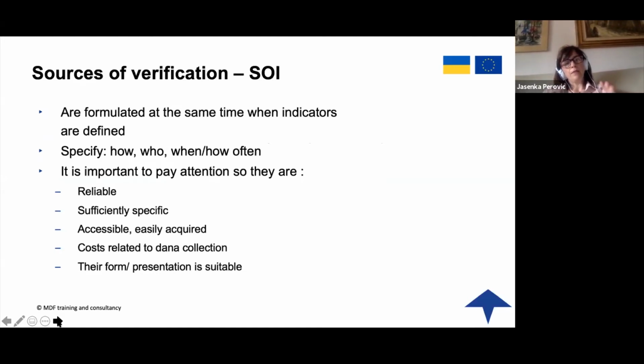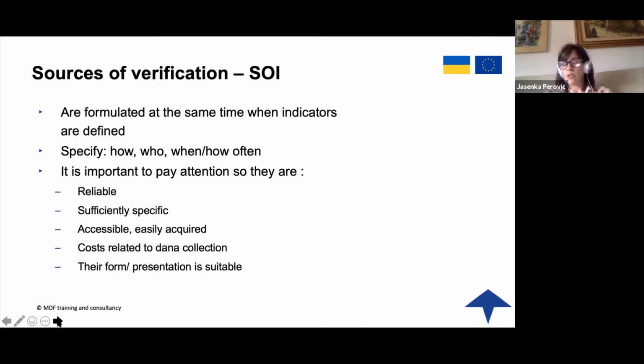And not the last column of the logical framework, but the last column that you should fill in within the logical framework, which is the third column, are sources of verification. You define them as the sources from which you will collect information to measure your indicators. Again, you should pay attention. Are these sources reliable? Are they sufficiently specific, accessible to you?